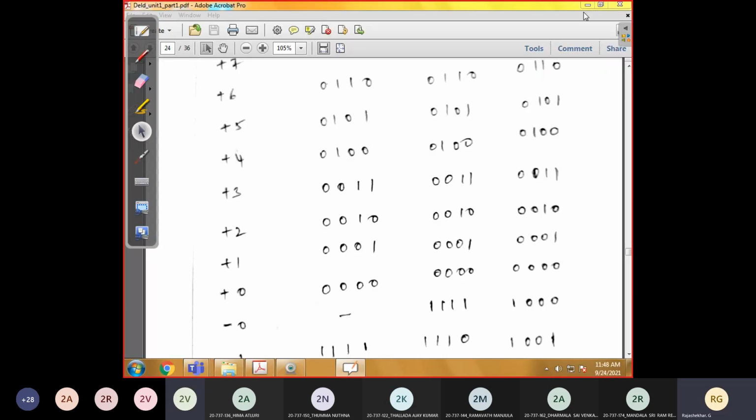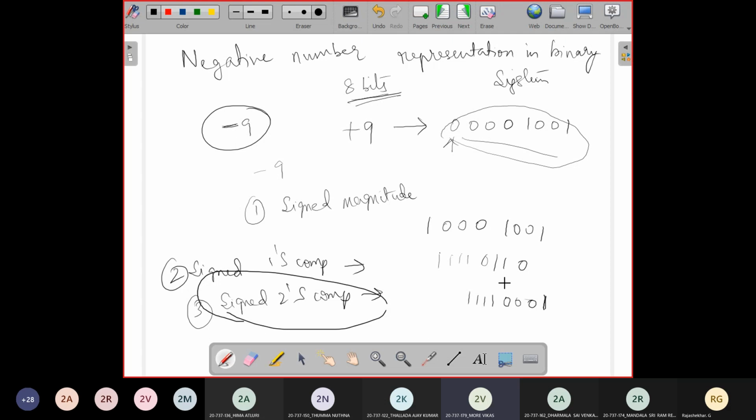Sir, in the 2's complement, the least significant digit is 1, no, sir. So the first one is kept as it is, unchanged. Then the next 2 zeros will be changing to 1, no, sir. These are not the least significant digits; these are the next significant digits.